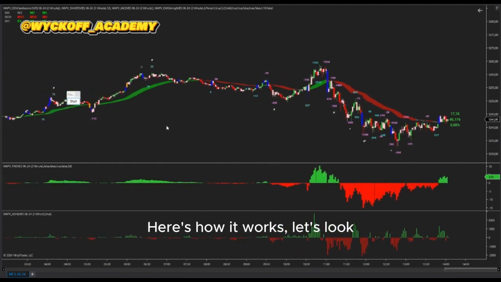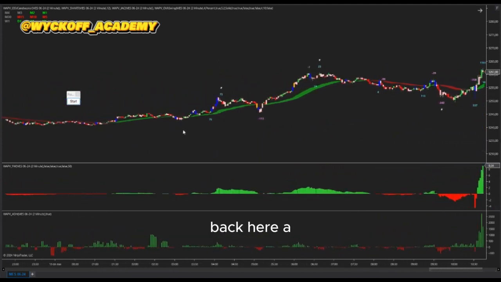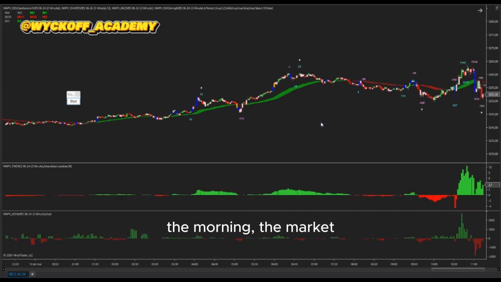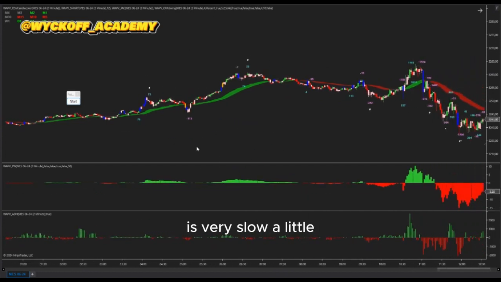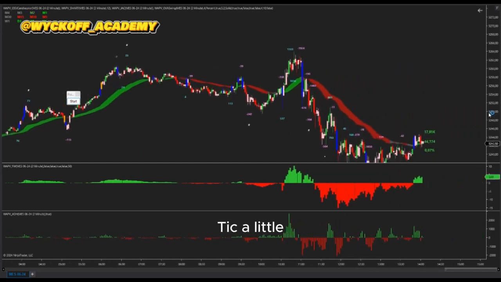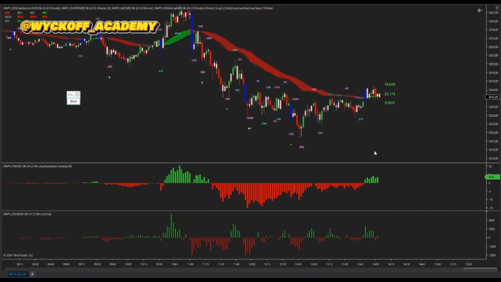Okay, that's it. Here's how it works. Let's look back here a little bit. Here it is in the early hours of the morning. Right in the early hours of the morning, the market is very slow. A little tick, a little tick.